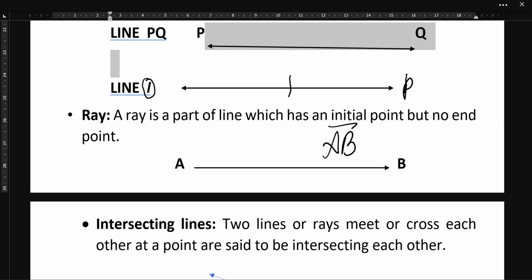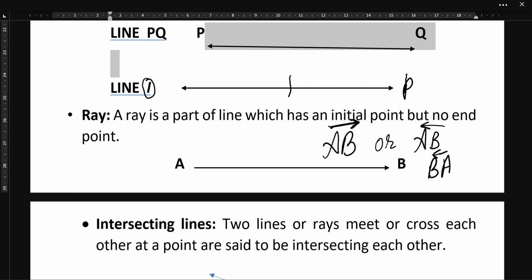We put an arrow on top and it starts from A and goes to B, and we cannot write it as BA like this. But we can write ray BA if we write it in this way.